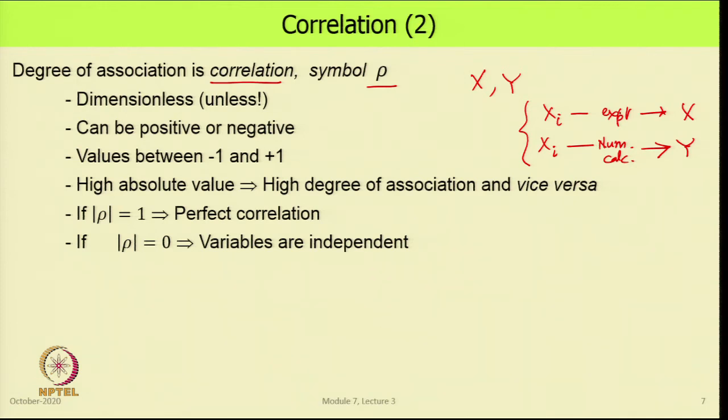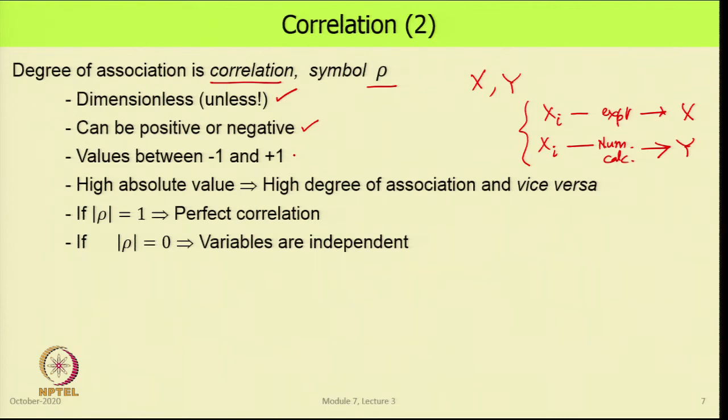Or it could be from our experiment and the other set of data could be from somebody else's experiment. So, that qualifies as x and y. So, this is one thing. The second thing we are saying is that this can be positive or negative, and we will see in a minute what that means.